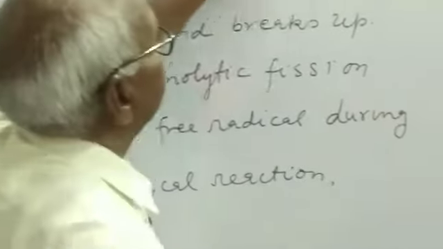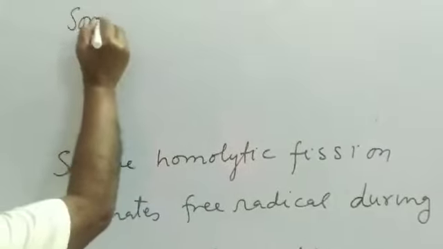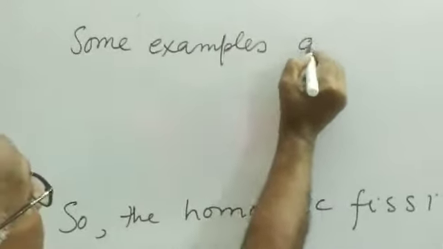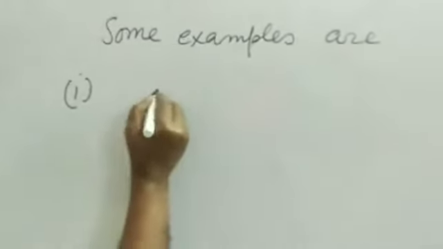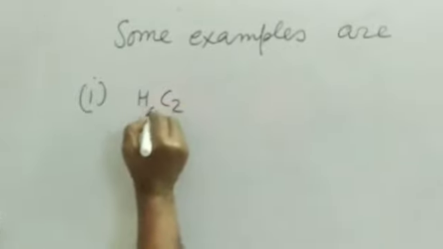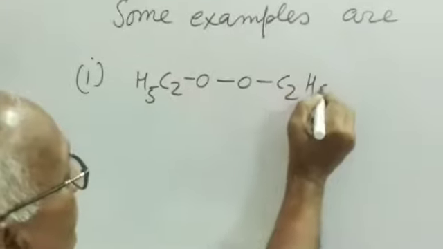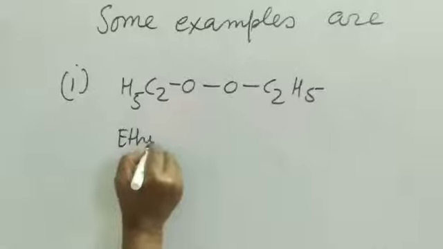Some examples of compounds undergoing homolytic fission are C2H5O-OC2H5. The name of this compound is ethyl peroxide.